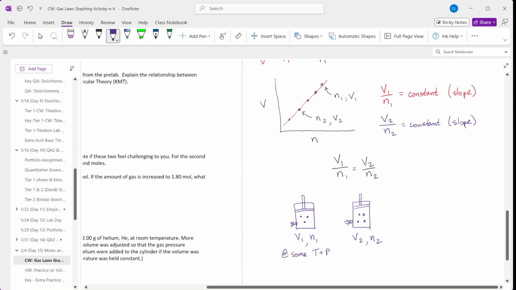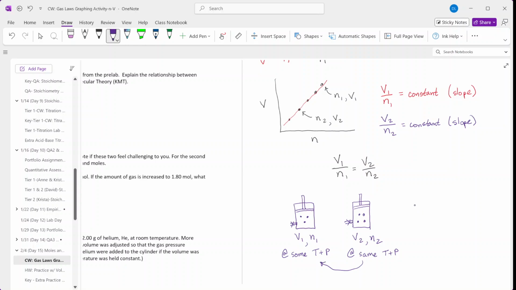These variables don't really correspond to above because in this system, V2 and V1 have different numbers of particles. This is at the same temperature and pressure as this.